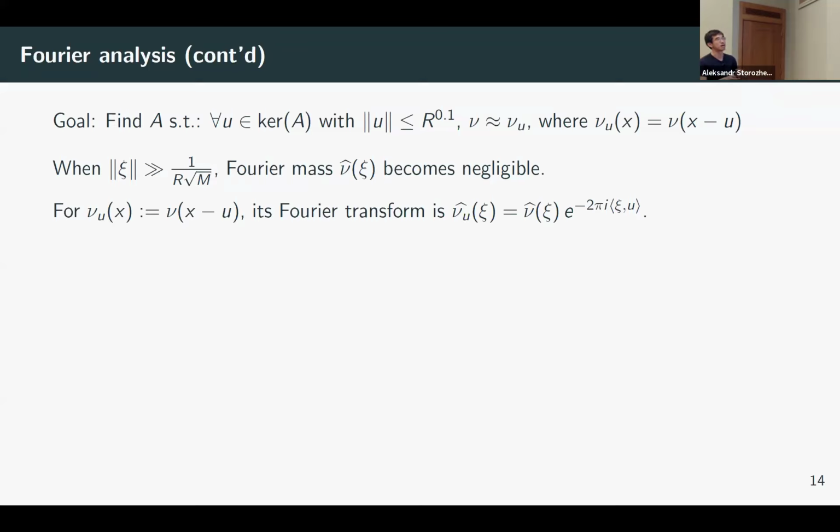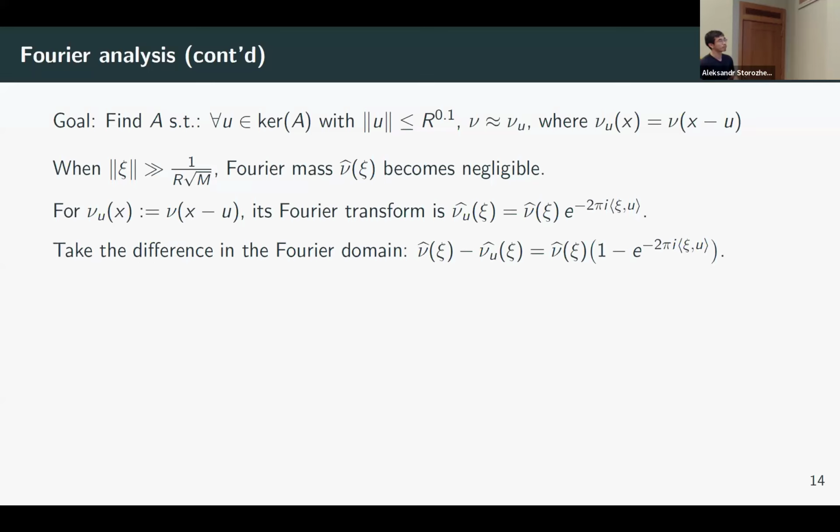It's pointwise multiplied by e to the 2 pi i psi, where u is the direction of the translation. Now if we take the difference in the Fourier domain, it gives us this difference, which is the Fourier transform of the difference of these two distributions. And the claim here is that this is a very small value pointwise.